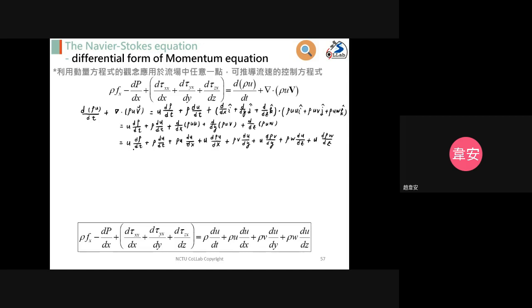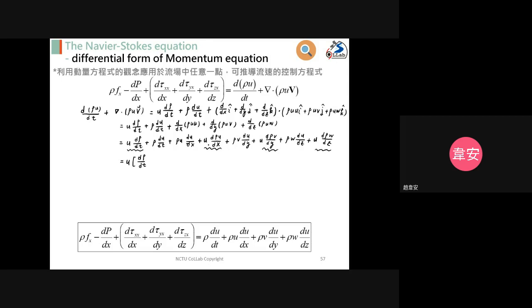So if we pick up all the parameters with the u and put them together, we have the u and the inside is the d rho dt, right?